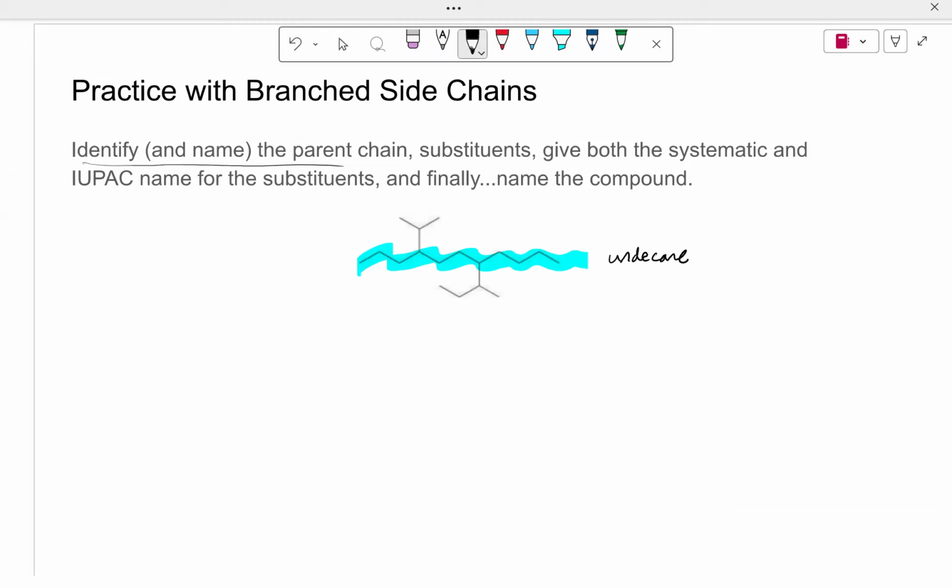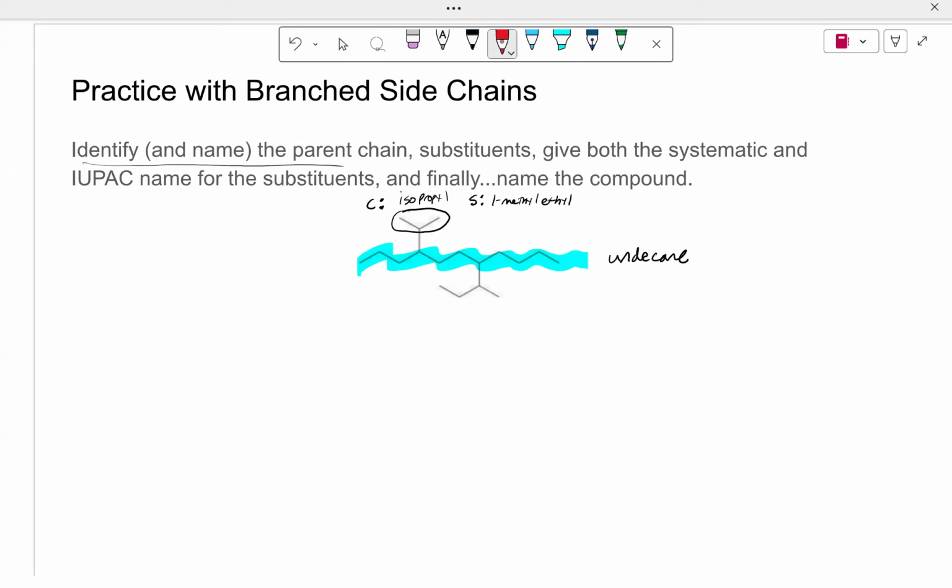Now we have a couple substituents here, and what we're going to do is name them in both manners. So this substituent right here, its common name would be isopropyl. I'll just put C for common. Its systematic name would be 1-methyl ethyl.